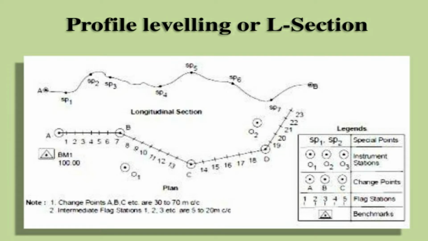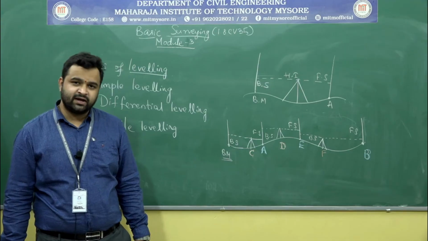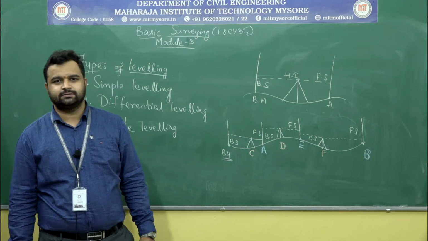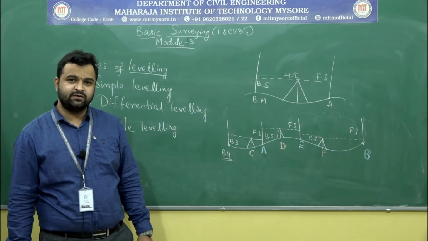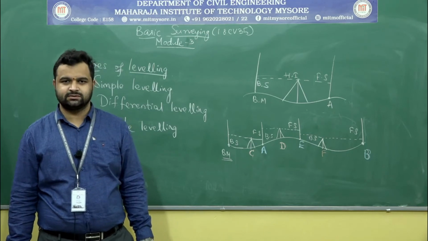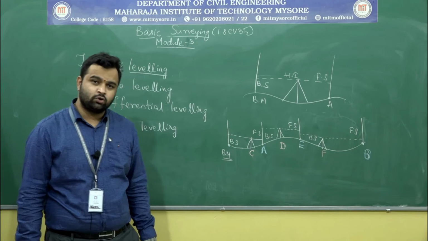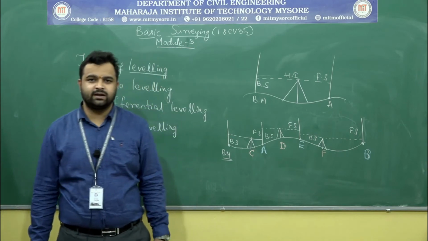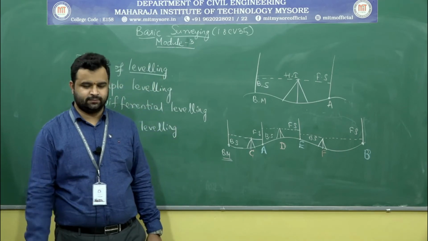It is a method of direct leveling, the object of which is to determine the elevation of points at measured intervals along a given line in order to obtain a profile of the surface along the line.